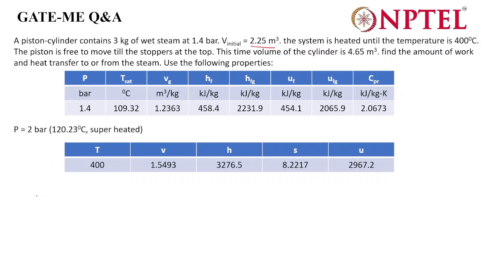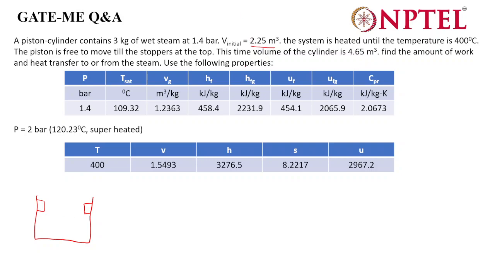Means it is a piston cylinder arrangement. It is clear, right? And there are some stoppers at the top. At this time the volume of the cylinder is 4.65 meter cube. Initially it is 2.25, and till the stoppers the volume is 4.65.